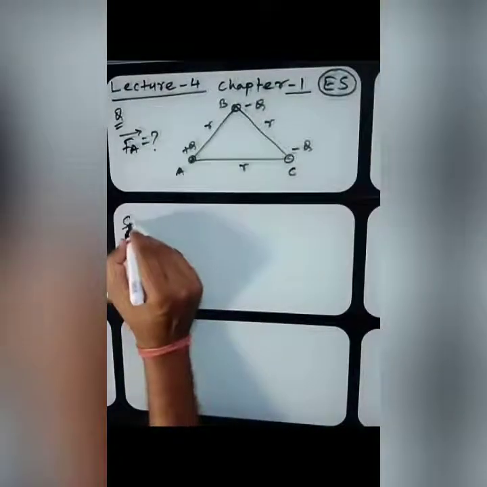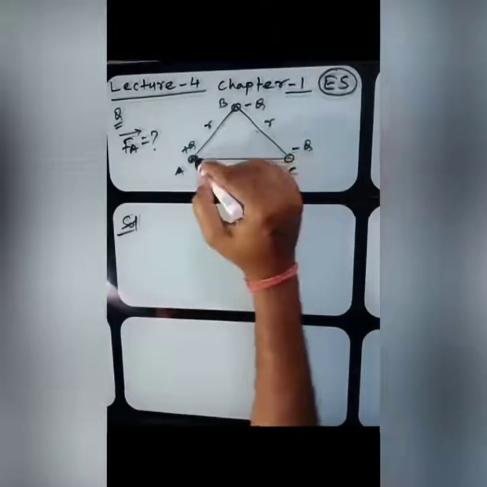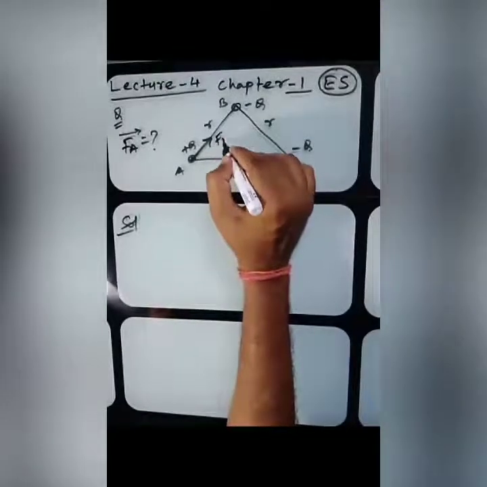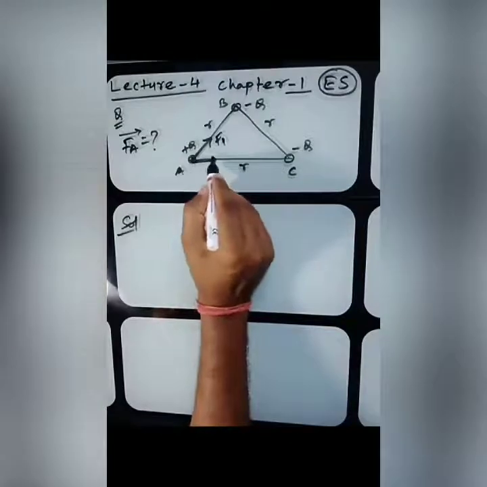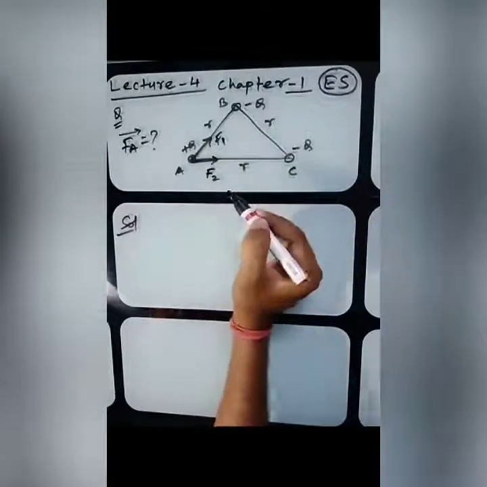Now let me solve. Here this is positive and this is negative. What will happen? It will be attracted towards B. Suppose it is F1. It is positive and this is negative. It will be attracted towards C. Suppose it is F2.